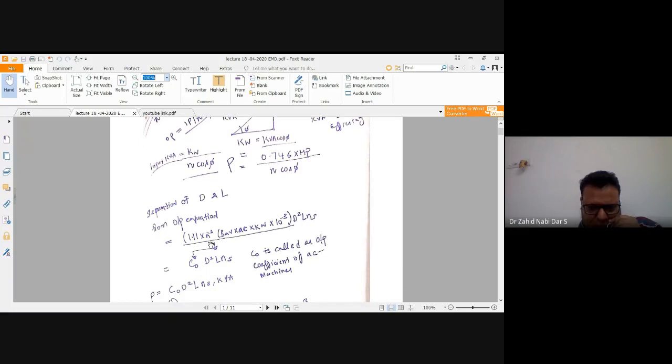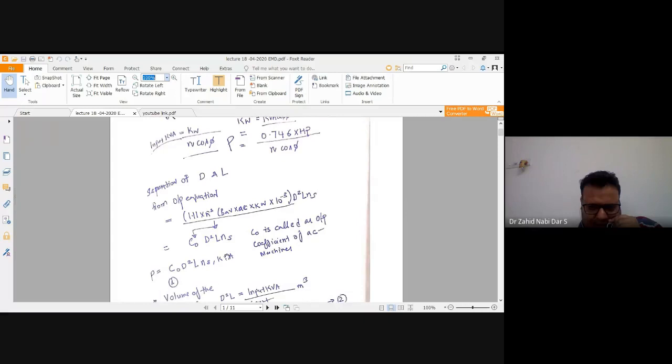So this whole portion happens to be C naught, and this portion d square L is the volume of the conductor. D square unit would be meter square because it's the diameter square, and this ns is the synchronous speed of the machine, which yesterday also we have seen.